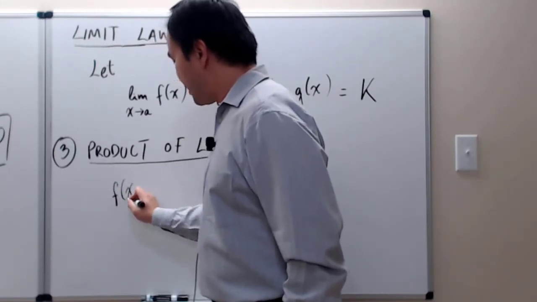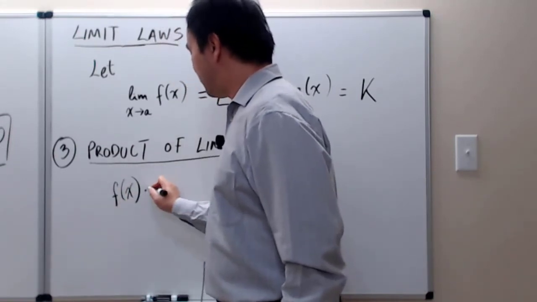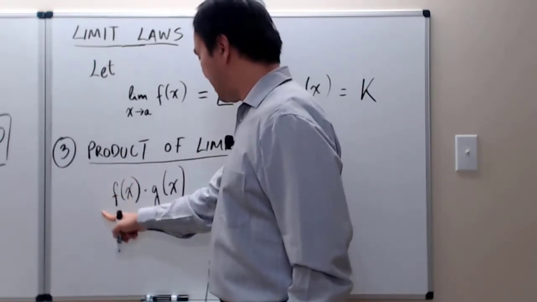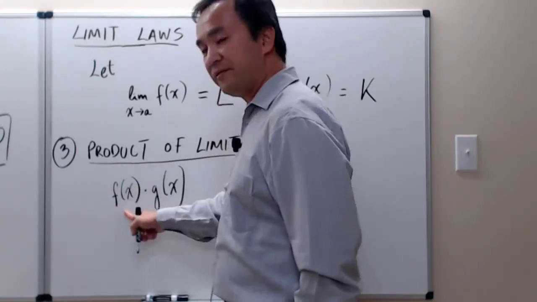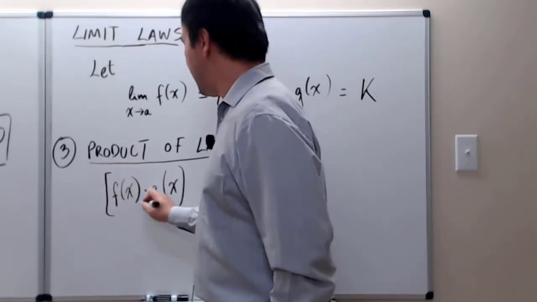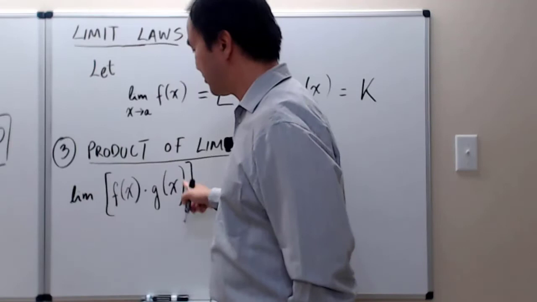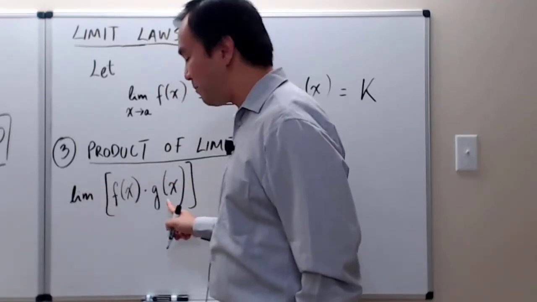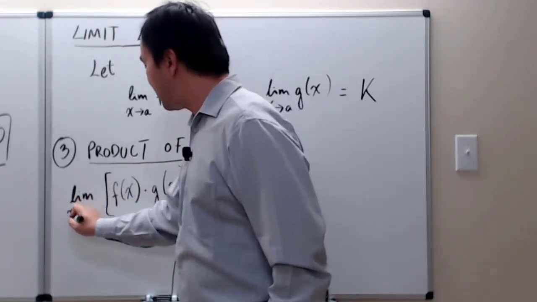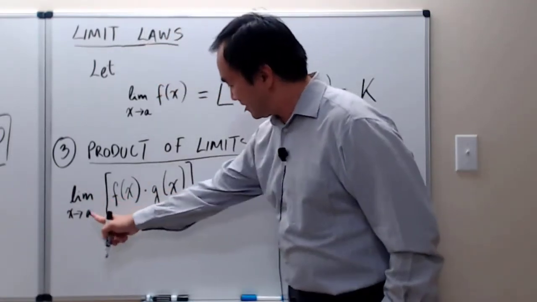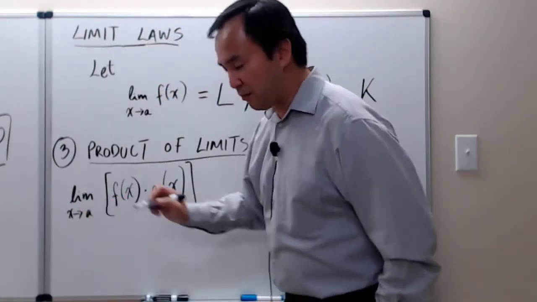Now we have a function f in a product with our function g. So our main function is a product of f and g, and we are asked to find the limit of the overall main function. According to order of operation, we are finding the limit of a product f times g, at some given limit point.